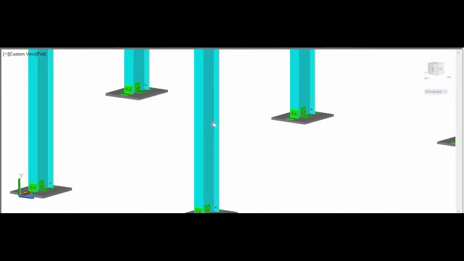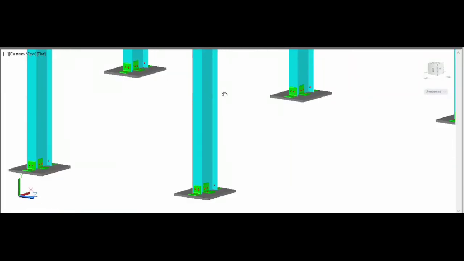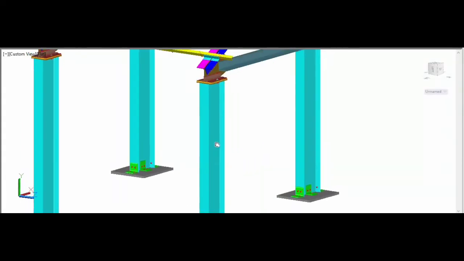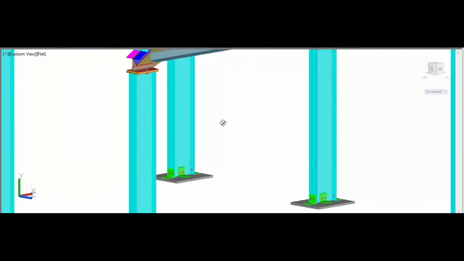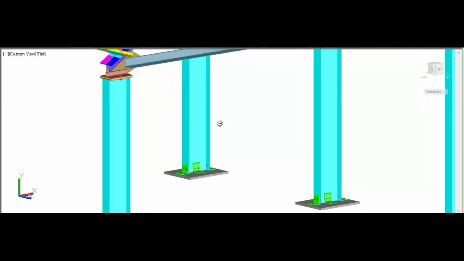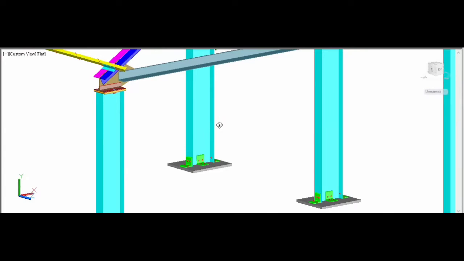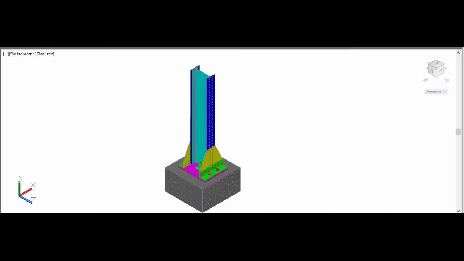Here you find a single I section. If the load to be carried is of higher order, we can use the single I section with cover plates on either side of the flanges, as you see it here.